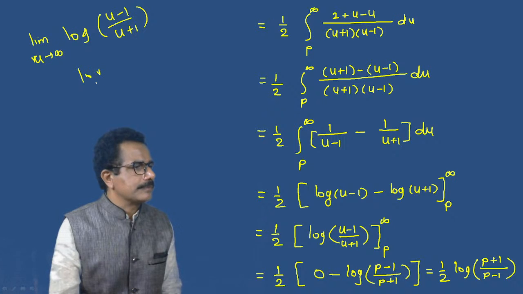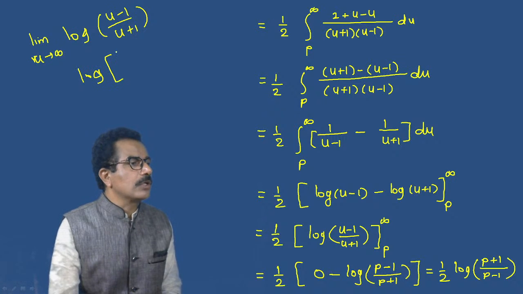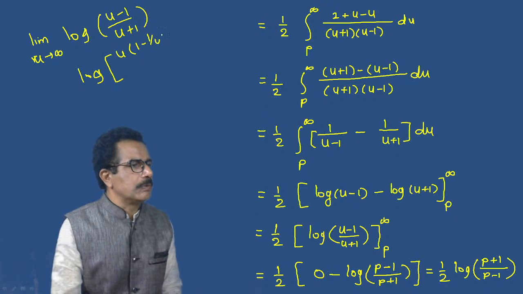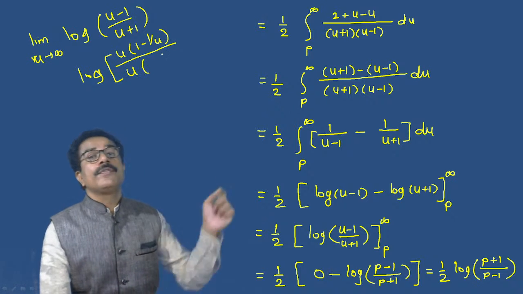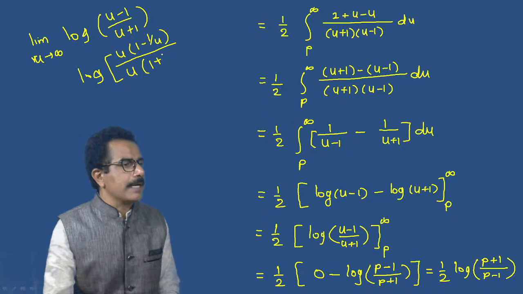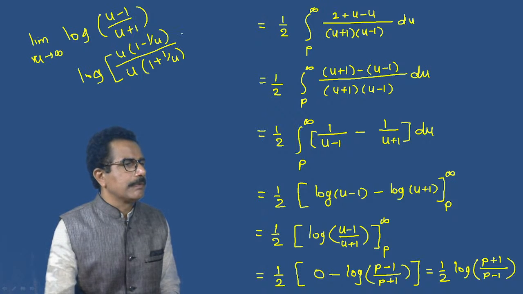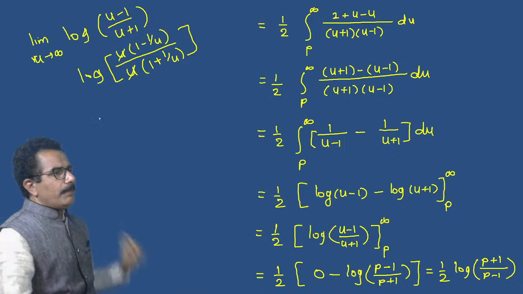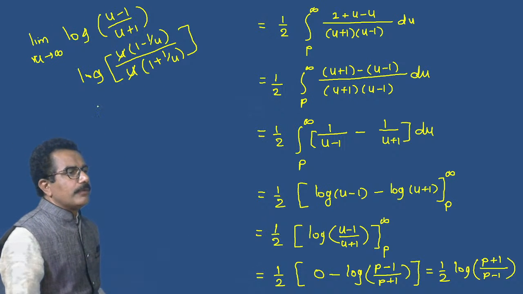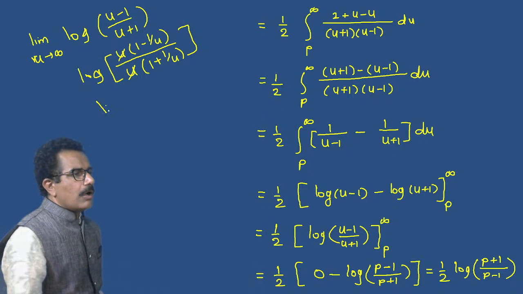Log of, now take out a common u, means 1 minus 1 by u, divided by, again take out a common u from the denominator, 1 plus 1 by u. This u will get cancelled. Now put the limit. What is the remaining term? Log of 1 minus 1 by u divided by 1 plus 1 by u.